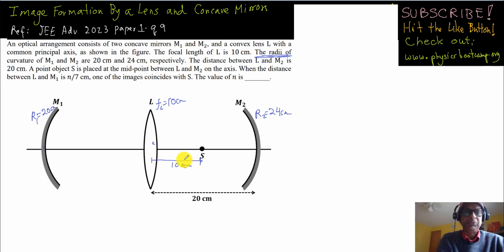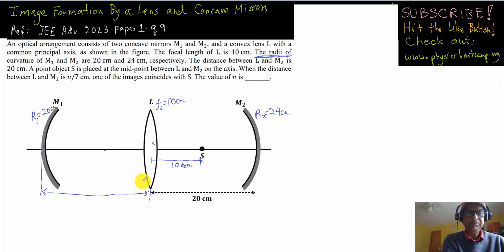Okay, so we are supposed to figure out n, or the distance between here and here. So imagine you're moving this, and as you move it, the image forms somewhere, at several distances from here.